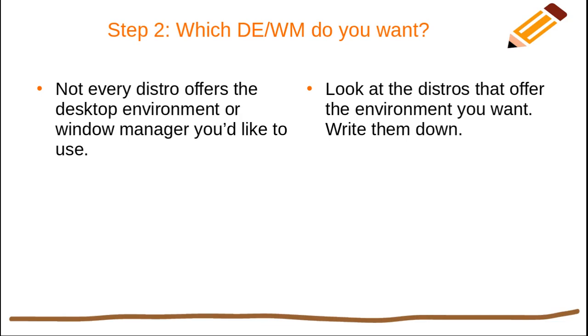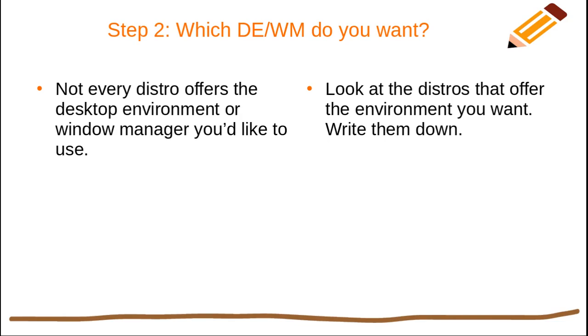Now for the second one, I think that this is actually very important, and I think that this is one of the bigger reasons why people distro hop, at least the beginners, in my opinion. First, I think you should choose which desktop environment or window manager you want. Now, you can stop distro hopping and still end up desktop environment hopping or window manager hopping, and that's going to be a topic for another video.